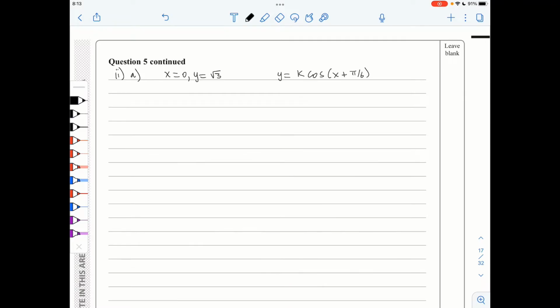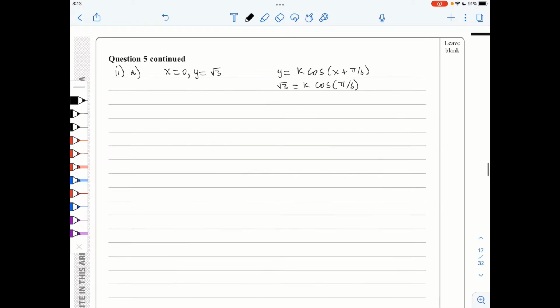I will substitute y with √3 and x with 0. So it's k cos of pi over 6. Now cos of pi over 6 is √3 over 2. The √3 cancels out on either side, and I cross multiply to get that 2 is equal to k.